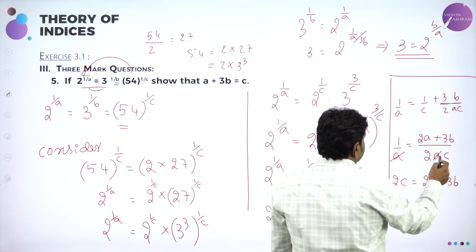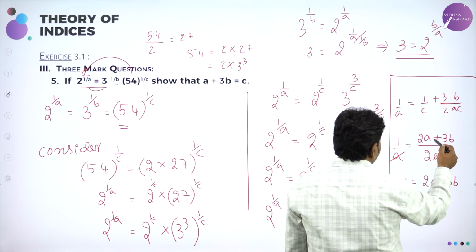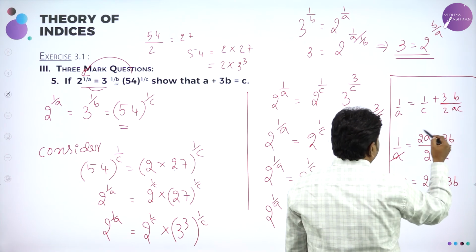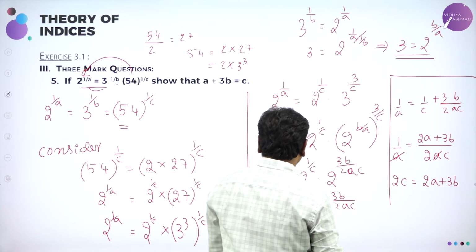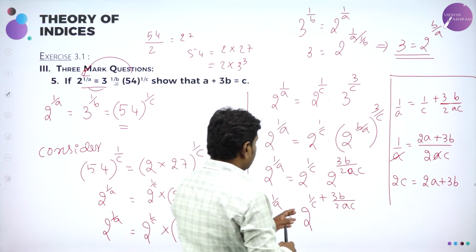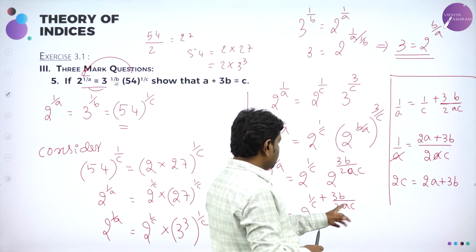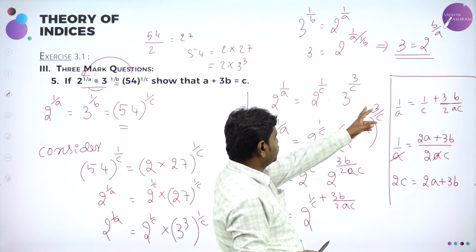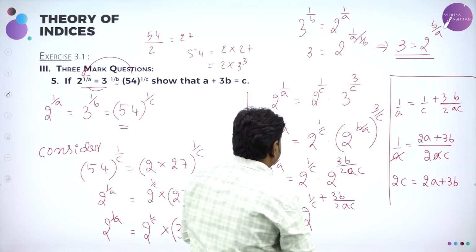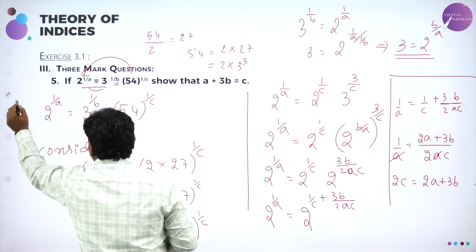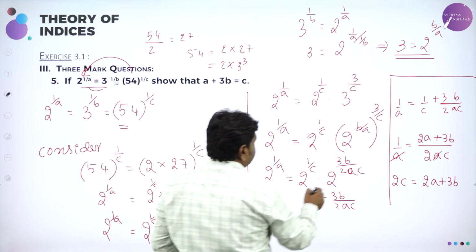If I take the LCM, 2a will be there and 3b will be there, a plus 3b. Now 1 by a, by the law of indices, is 1 by c plus 3b by 2ac. So now this will become multiplication, 3b by ac. Oh, sorry, this is just 3b by ac here. I have made a mistake. So now this is okay.